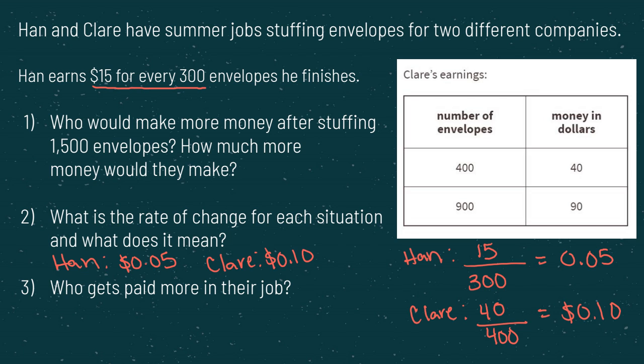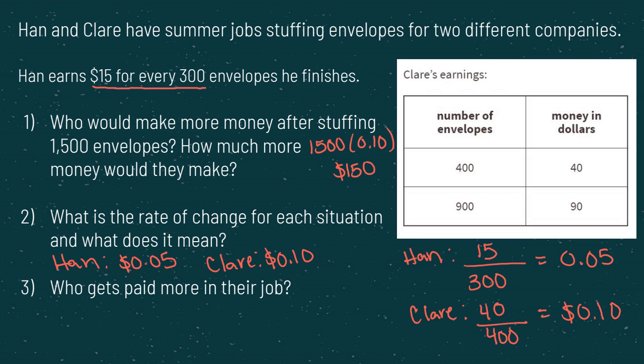Now, going back to number 1, who would make more money after stuffing 1,500 envelopes? How much more would they make? So Claire is making 10 cents per envelope. So if there are 1,500 envelopes and she's making 10 cents, I can multiply those together to figure out the total. So if I take 1,500 times 10 cents, that's going to give me $150, right?